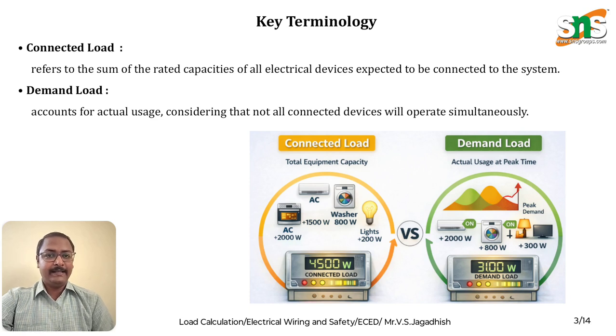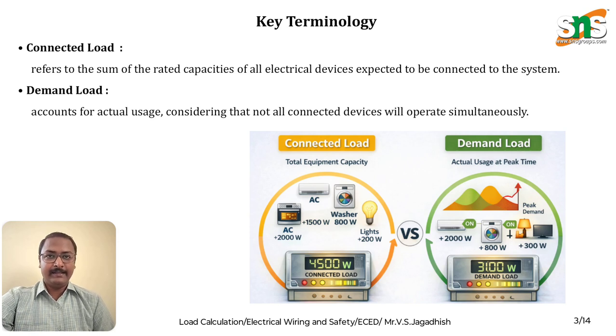We have simply connected them to the system and they are not live or in use. When loads are just connected without operating or consuming power, we call that connected load. I repeat once again: connected load refers to the sum of the rated capacities of all electrical devices expected to be connected to the system.